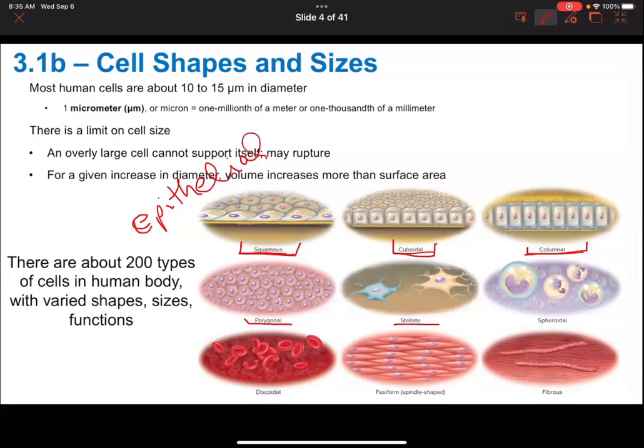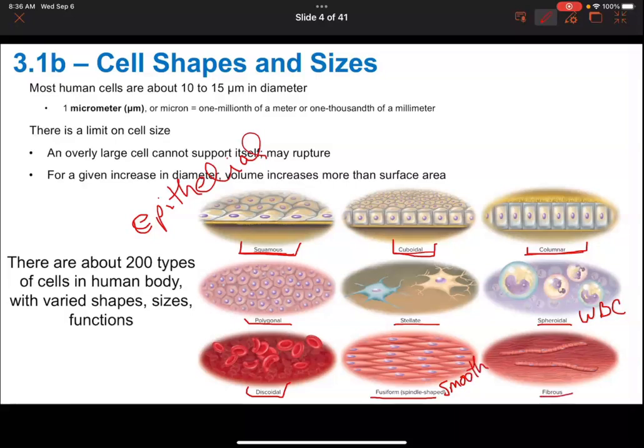They have cell bodies that look kind of like stars, hence the name. Spheroidal cells, your white blood cells, or WBCs, are examples of that. Red blood cells are discoidal. They're almost like inner tubes that have the middle filled in. They're biconcave. Here you can see this fusiform or spindle shape. This is common in our smooth muscle cells.